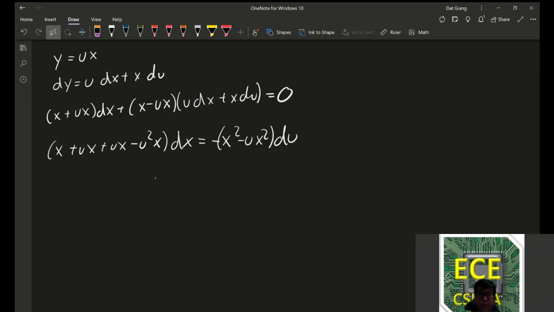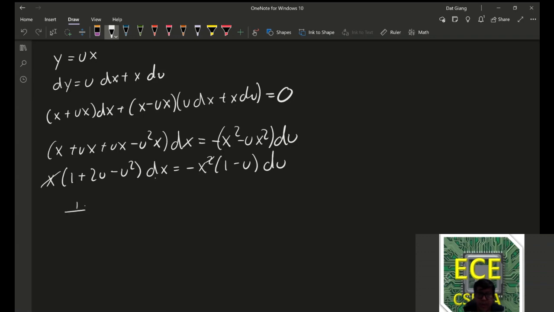So notice over here we have a common factor of x. So we have (1 plus 2u minus u squared) dx equals to negative, we can factor out an x squared here, x squared (1 minus u) du. From over here, we're able to get rid of one x. And we can probably move the negative to the other side, but I'm going to keep it for the following purposes.